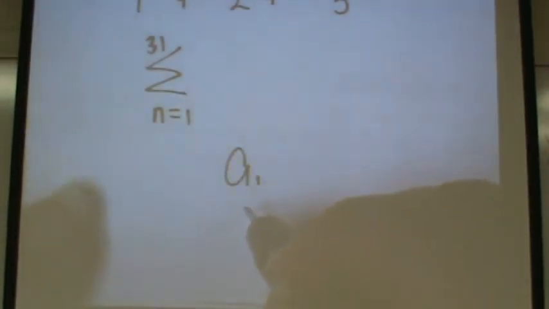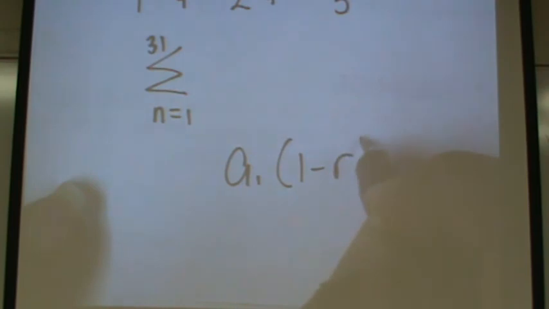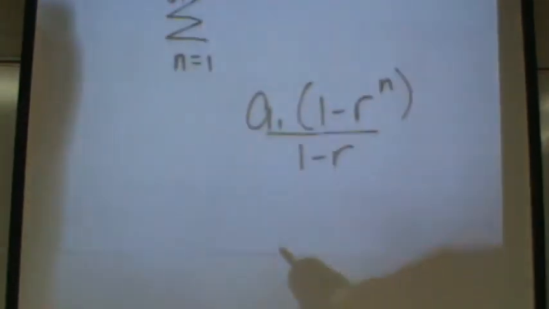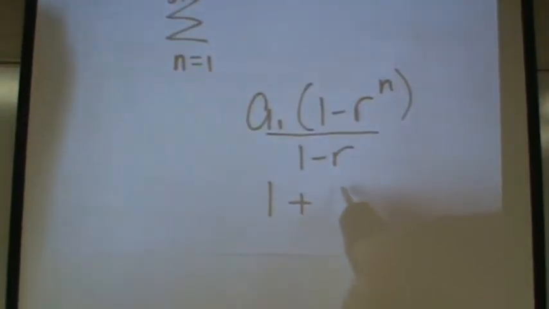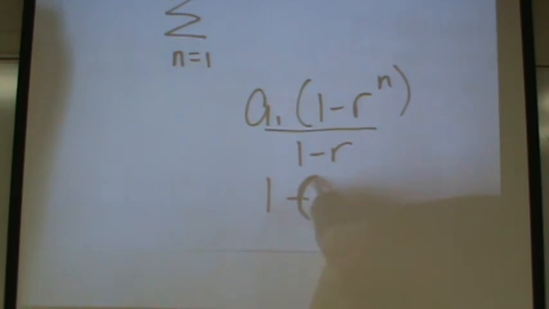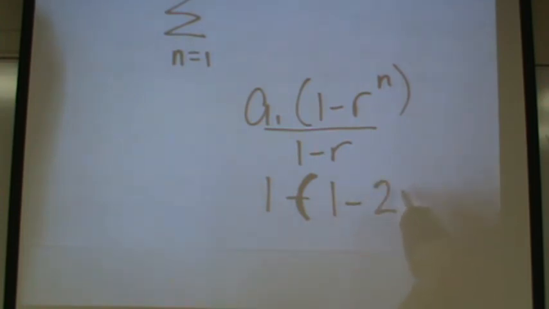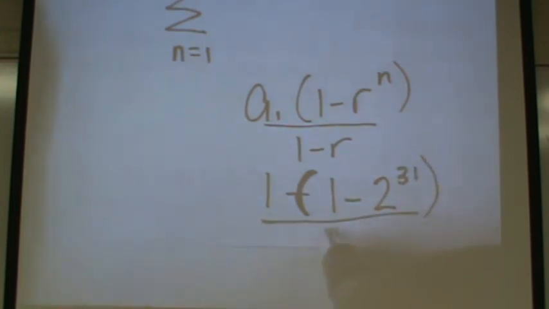That's what we're doing. So the first term times (1 minus r to the n power) over 1 minus r. The first term in this sequence is 1. Whoops, this is a times. 1 times (1 minus the ratio). It's doubling, so 2 is your ratio. And how many terms are we adding together? 31, over 1 minus 2.